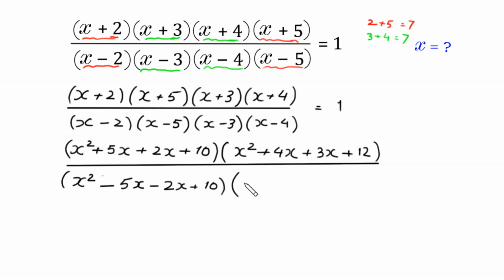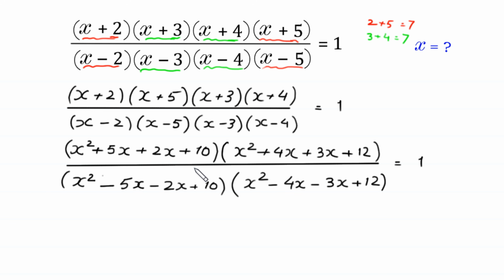X times x, x squared, and x times negative 4, negative 4x, negative 3 times x, negative 3x, and negative 3 times negative 4, plus 12 is equal to 1.